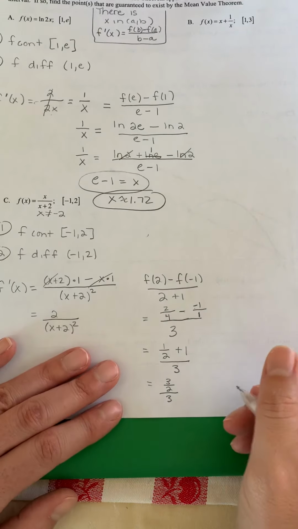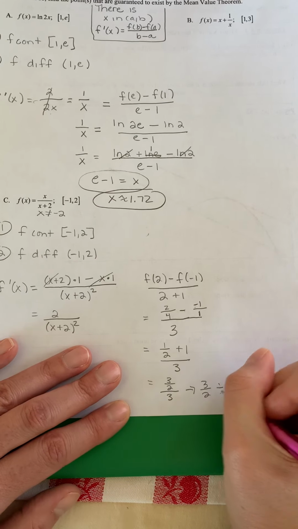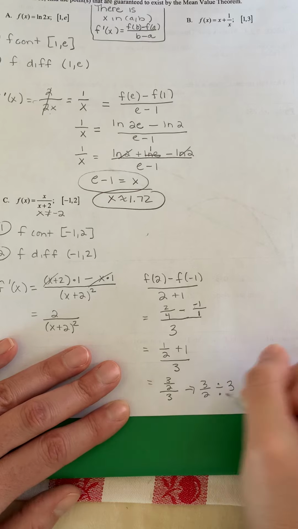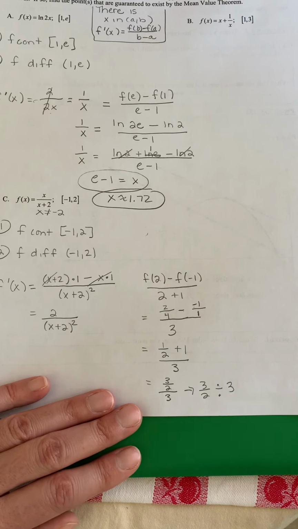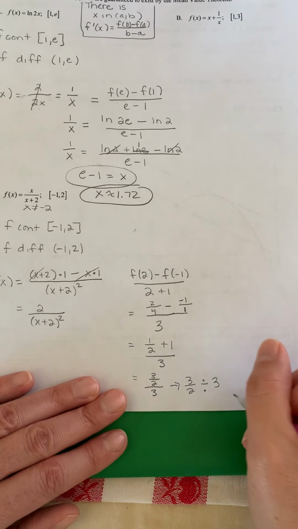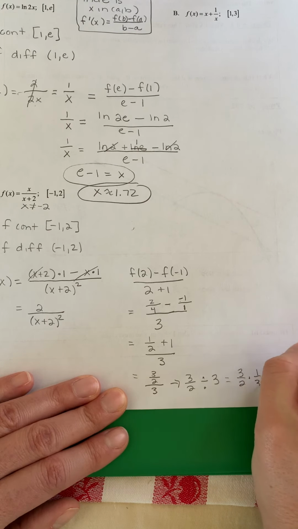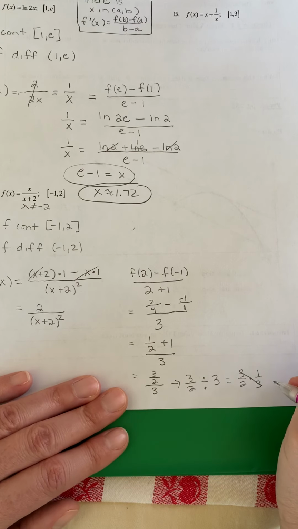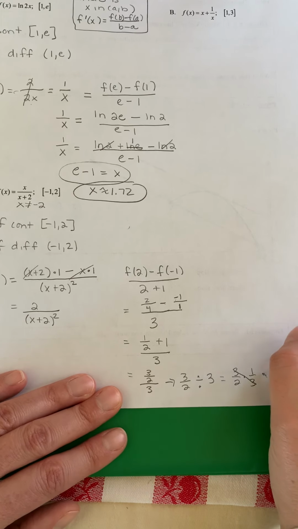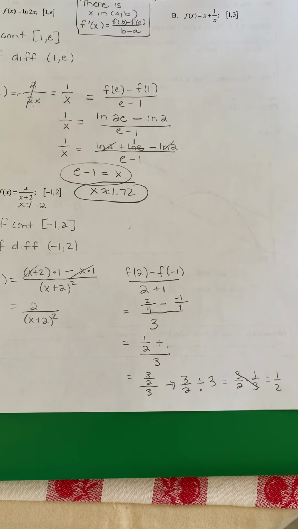Okay, maybe it's better to go over here and write this as a division problem. So we're taking 3/2 divided by 3. Okay, writing it that way kind of helps us see how to simplify. So we're going to be multiplying by the reciprocal. Okay, so we're going to have 3/2 times 1/3. Okay, so those are going to end up canceling, and we're going to see that the slope of the secant line is 1/2.